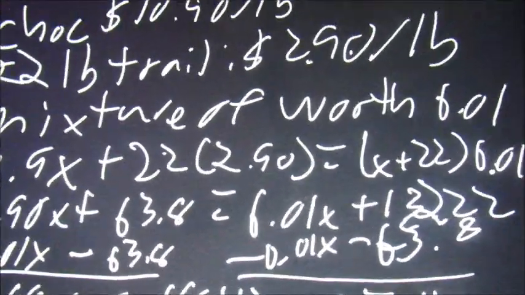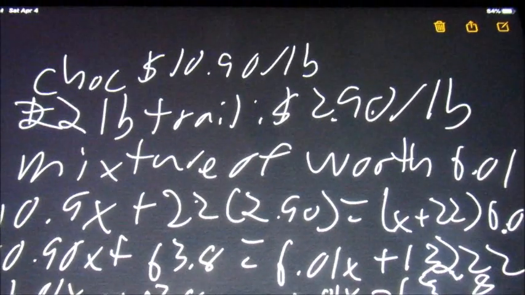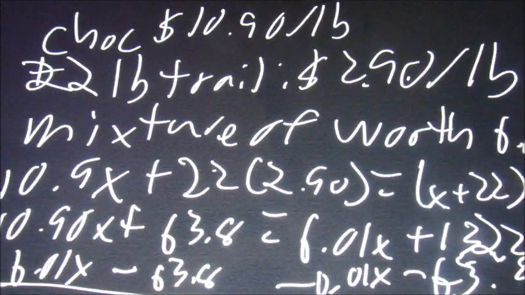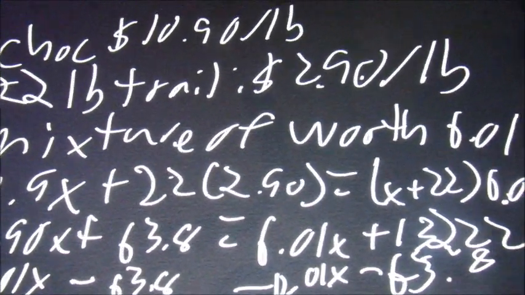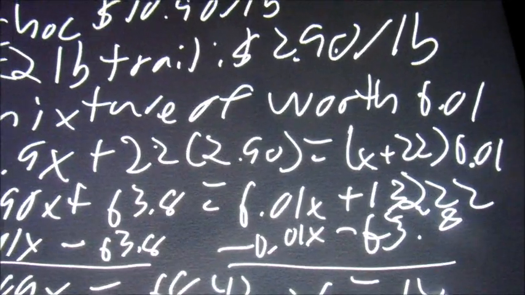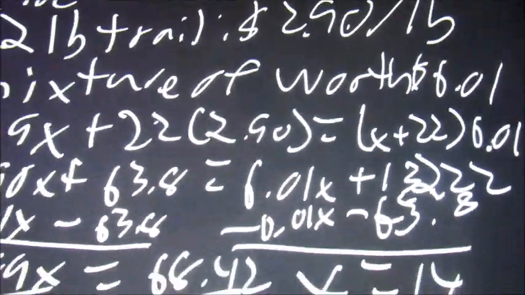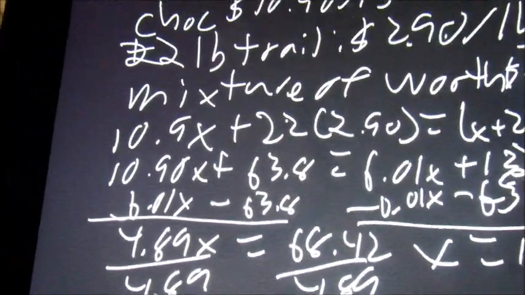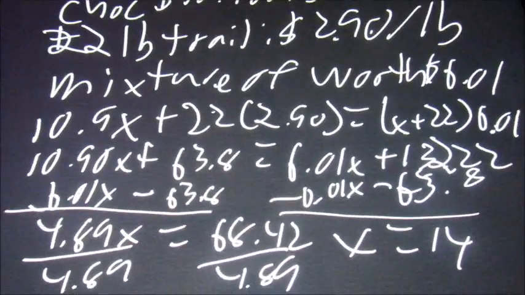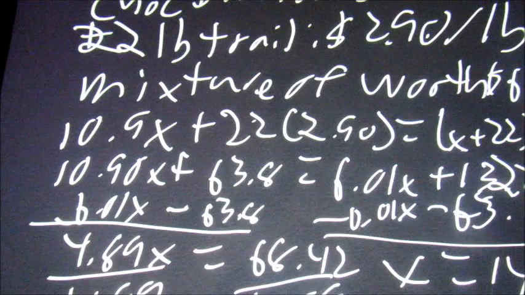So to recap this one, we have that chocolate costs $10.90 a pound, and we have 22 pounds of trail mix that costs $2.90 per pound. We want to make a mixture that's worth 6.01. So we want to know how much chocolate do we need to add to our 22 pounds of trail mix.